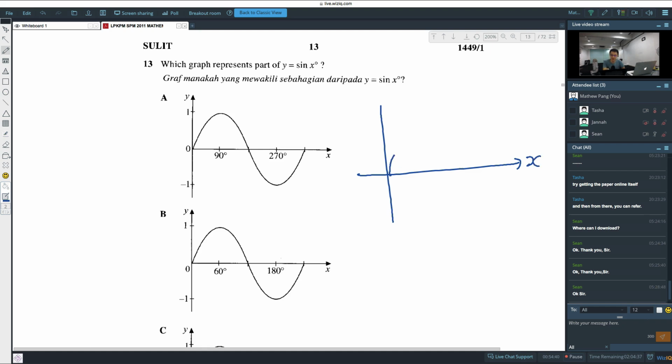For the sine graph itself, the first half circle stops at 180, and then the second half circle, which is at the bottom of the x-axis, stops at 360.